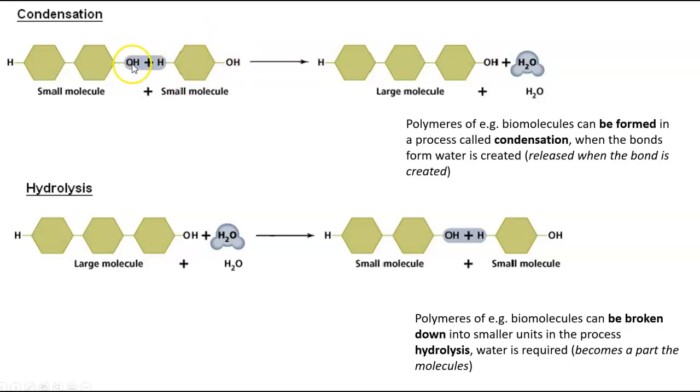So when you fuse these together, you're removing this hydroxyl group and this hydrogen to form the bond between this monosaccharide and this one. So these two are removed, and you see that there's 2 hydrogen and 1 oxygen. So it means that every time we put these together, we form water.